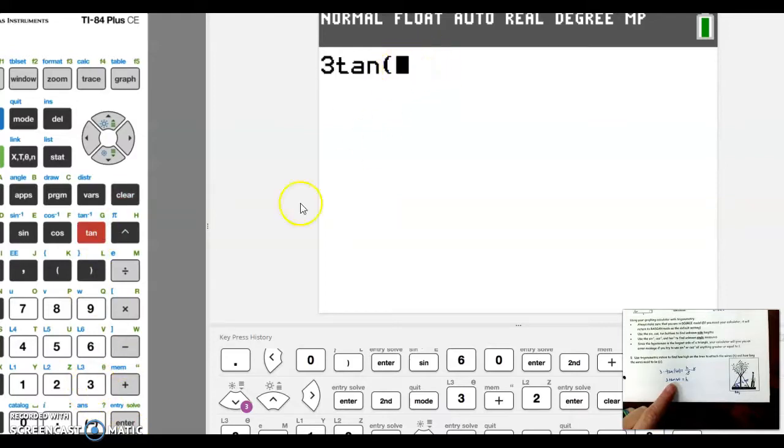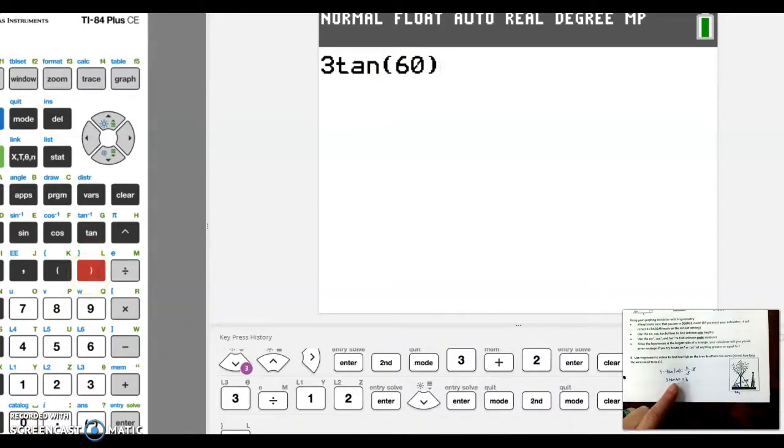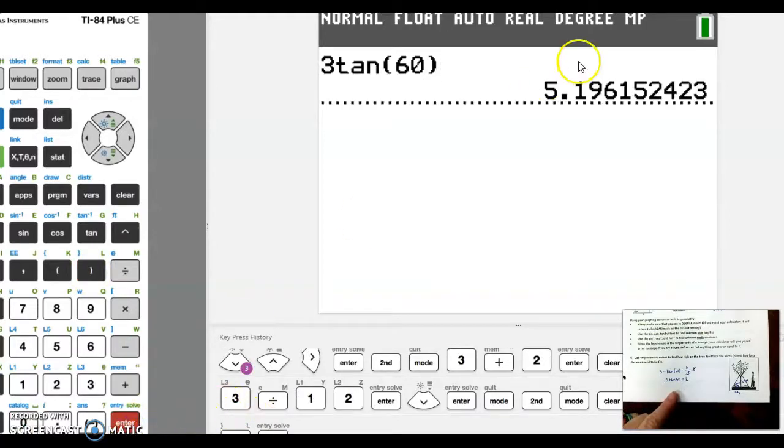Notice it brings up the parentheses for the 60. We talked about how you don't have to put the end of the parentheses there because you're not typing anything afterwards. It does not tell us what we're rounding to, so we will just round to the nearest tenth. That is 5.2, and the units were feet.